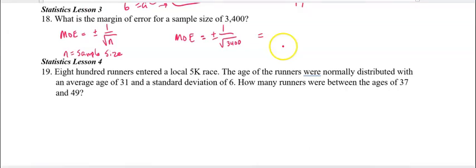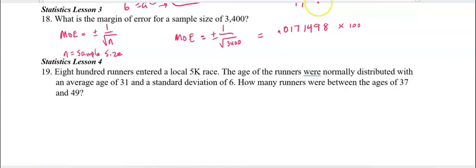So I went to my calculator and it shows 0.017149, and we're just going to change this to percent form. If you want to, with that number still in your calculator, you can multiply it times 100 to change it to its percent form.